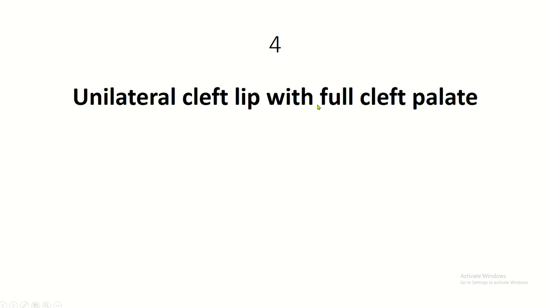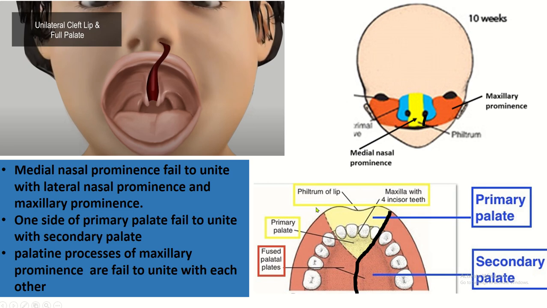Unilateral cleft lip with full cleft palate. Here part of the medial nasal prominence failed to fuse with the lateral nasal prominence and maxillary prominence, and also one side of the primary palate failed to fuse with the secondary palate, and palatine shelves of the secondary palate failed to fuse with each other.